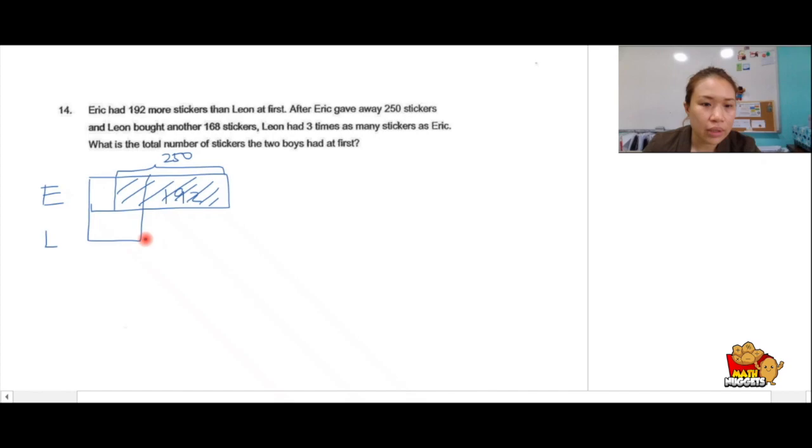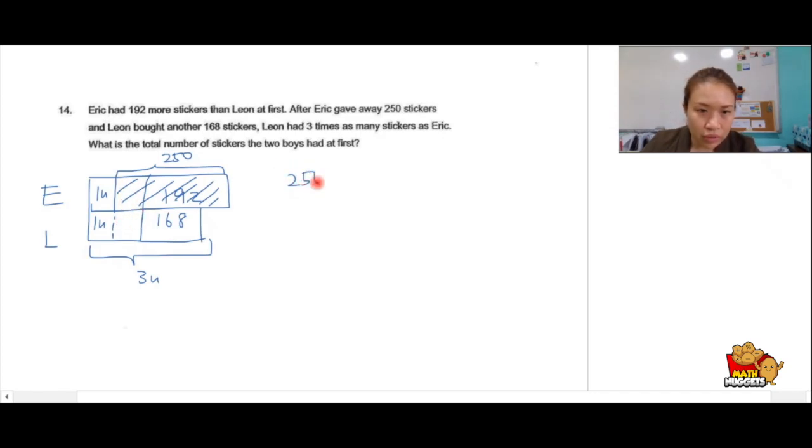And Leon bought another 168. So somewhere here, he bought 168. Okay, in the end, Leon had 3 times as Eric. So this is 3 units. And Eric will be left with 1 unit.